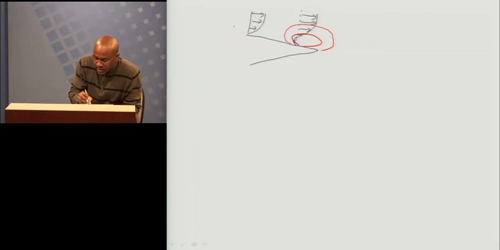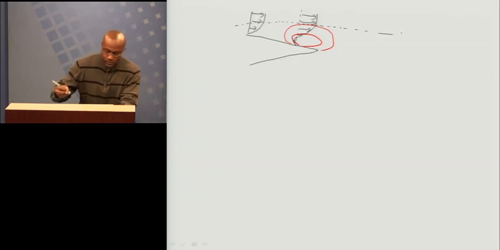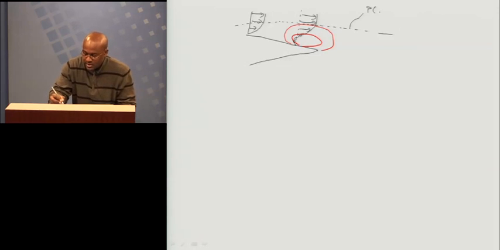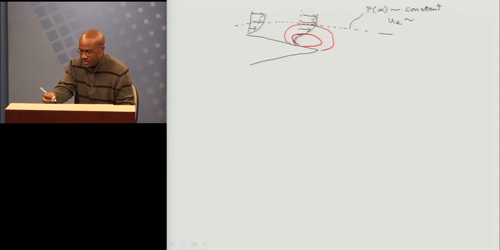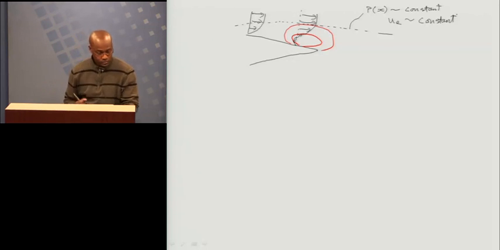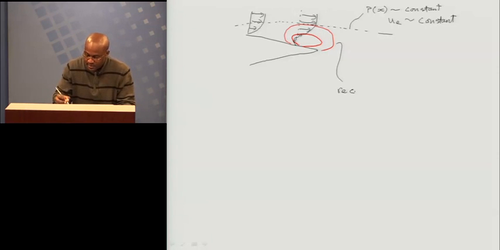So this would be your boundary layer edge. And what you tend to see is that the pressure is pretty much constant on the edge, so that edge velocity is also approximately constant. And here, this is recirculating flow, and the pressure is nearly constant there also.